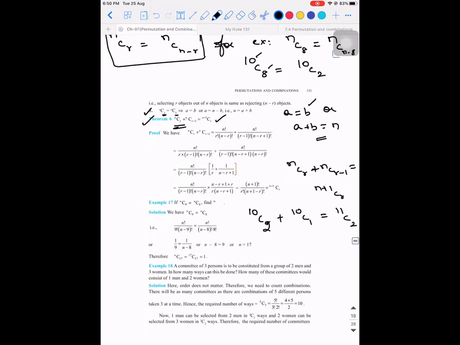That is n plus 1; n is 10, n plus 1 is 11, r is 2. So 10C2 plus 10C1 will be equal to 11C2. Are you guys able to understand this? Yes, sir. Remind me, tomorrow I'll explain the proof for sure.